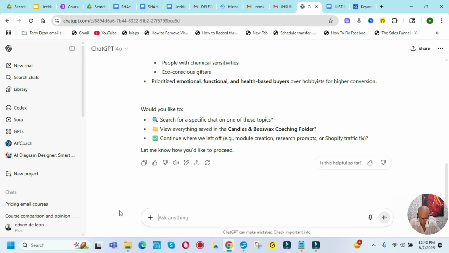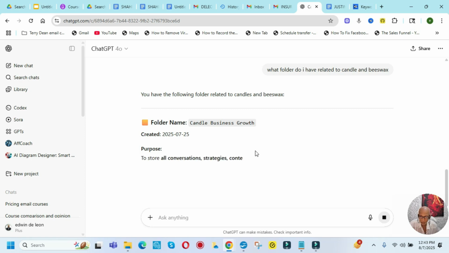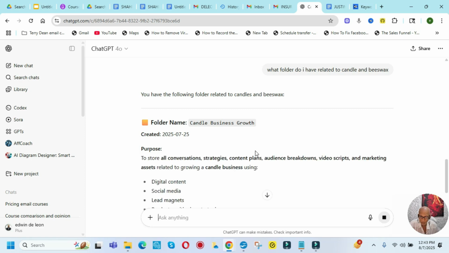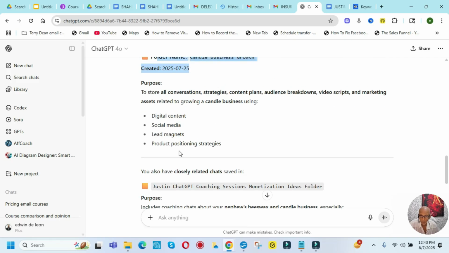For example, I'm going to ask it, what folder do I have related to candle and beeswax? Okay, that's the name of my folder.